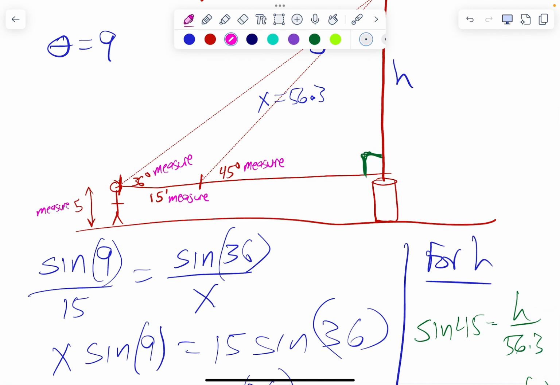I want you to keep in mind, this is important, just understanding how the math works. If you're off in your angles or this 15-foot measure, that could severely impact your calculation for the height, right? Because this is getting thrown into trig and multiplication and division, etc., repeatedly even.